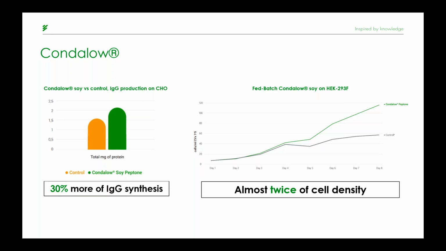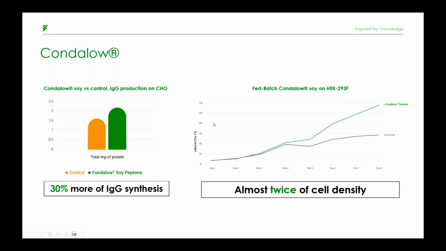We used a 30 milliliter flask with a chemically defined media. This kind of peptones, the Condalow, are very good in chemically defined media, and we saw that we produce even 30% more immunoglobulin.